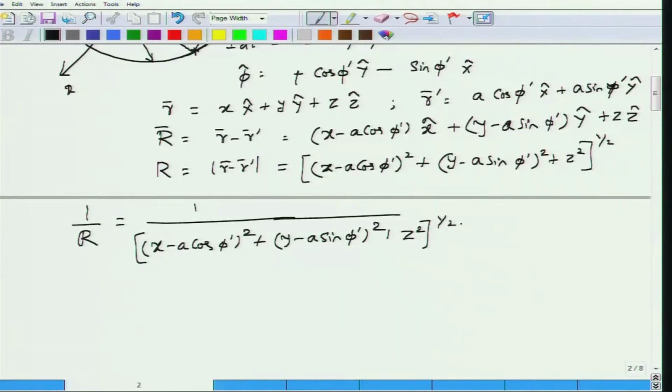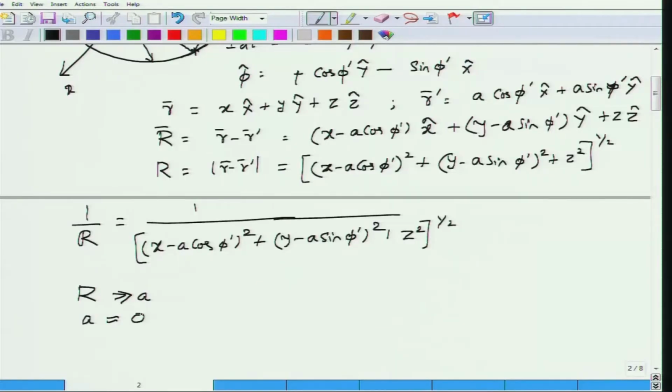Now I don't want to just work with 1 by r like this. What I want to work with is based on two assumptions. One, I am going to assume that the distance from the source point to the field point is much larger than a, and a itself is very close to 0.